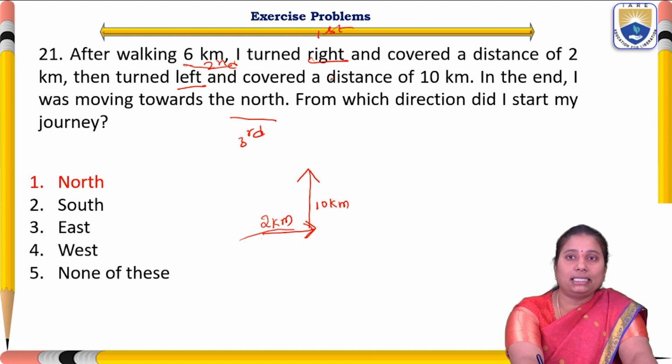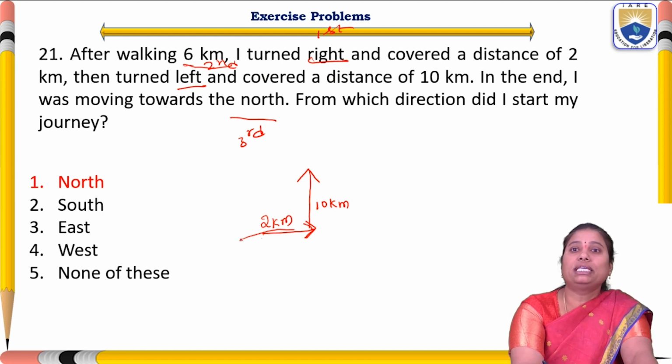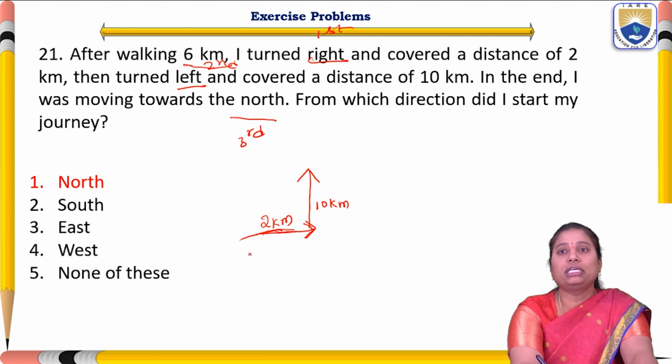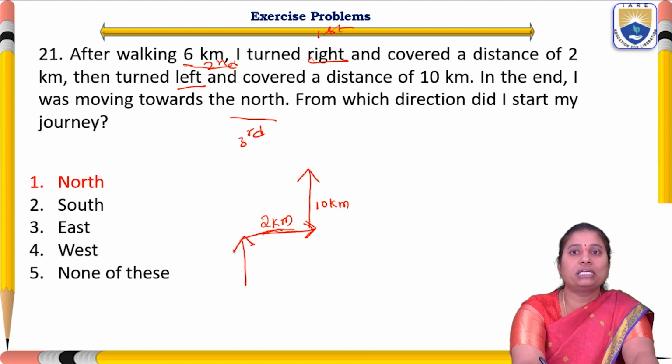I turned right. So in which direction was he initially? If he is initially at the north direction and turns to the right, only then can he go to the east. So he has traveled 6 kilometers. So this is the first one.